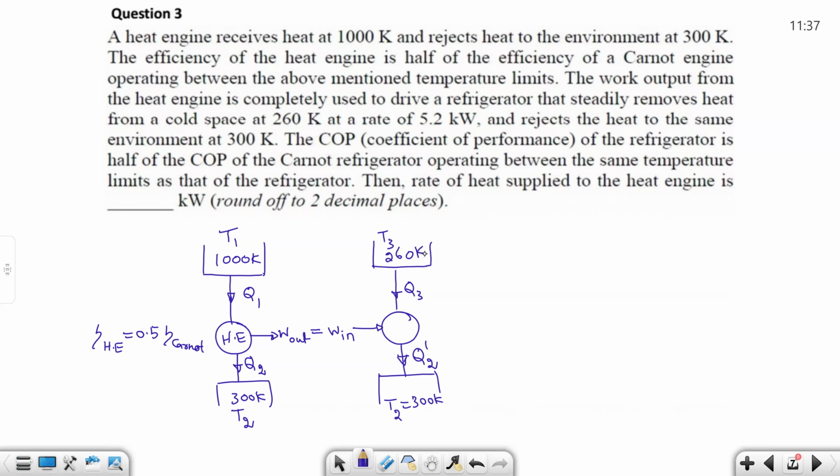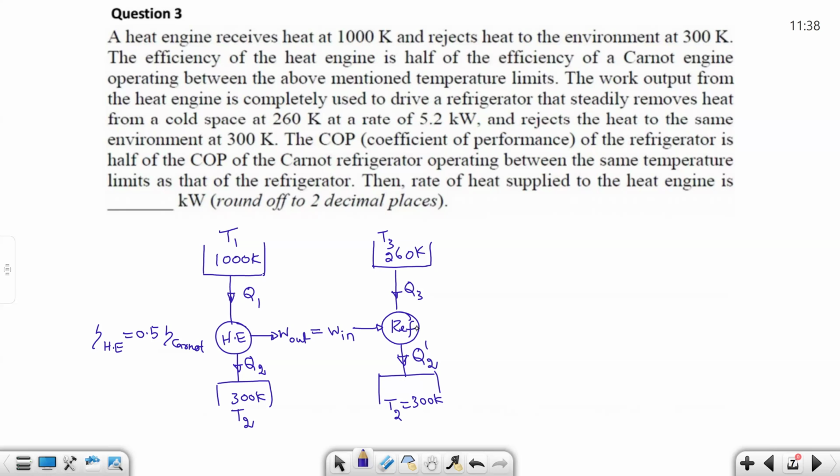So the heat flow for a refrigerator is from the low temperature to the high temperature. High temperature is the atmosphere, 300 Kelvin. So the heat rejected by the heat engine as well as the refrigerator goes to the same atmosphere, which is at 300 Kelvin. Heat taken by the heat engine is at 1000 Kelvin.